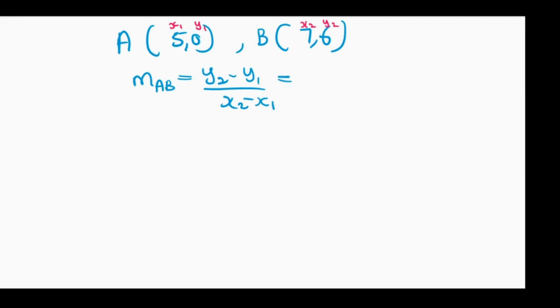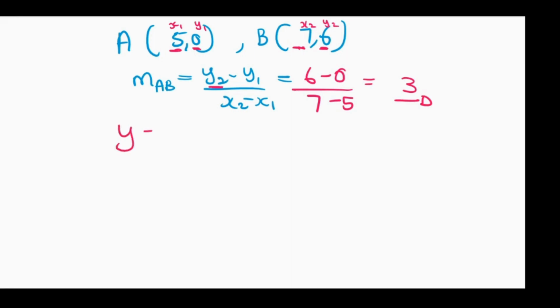So instead of writing y2, we're going to write 6, and y1 is this one here, so minus 0, divided by x2, which is 7, minus x1, which is 5. So your gradient here is going to be 3 if you punch your calculator. So now you have your gradient.